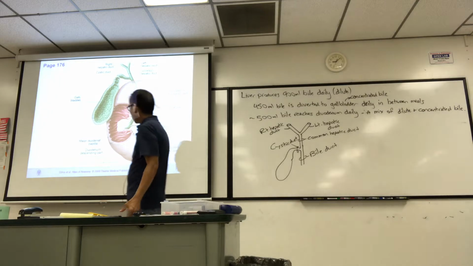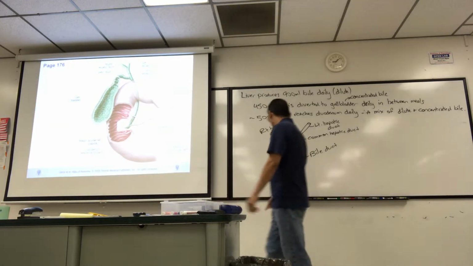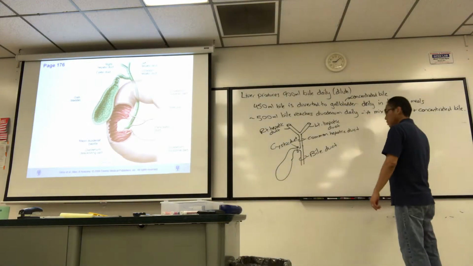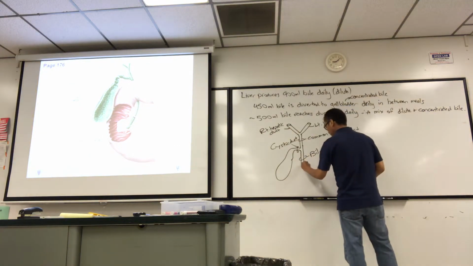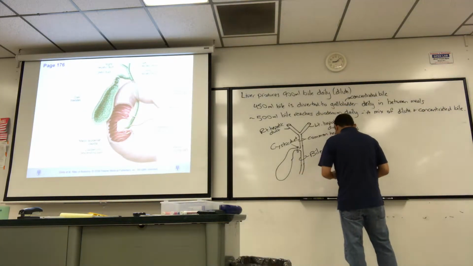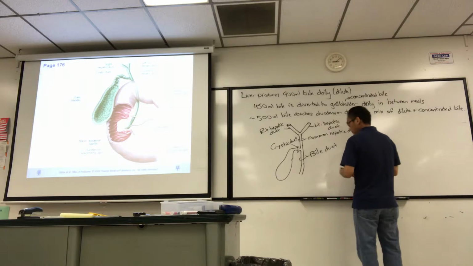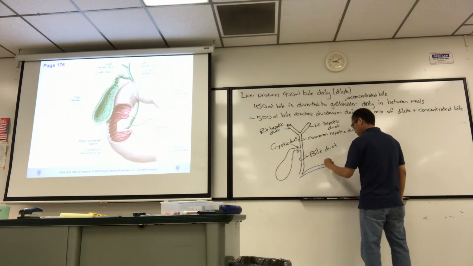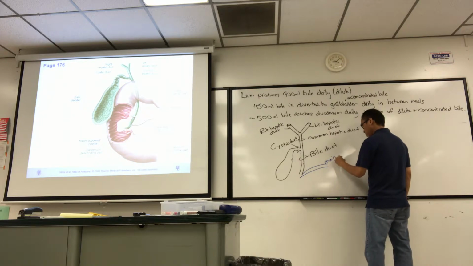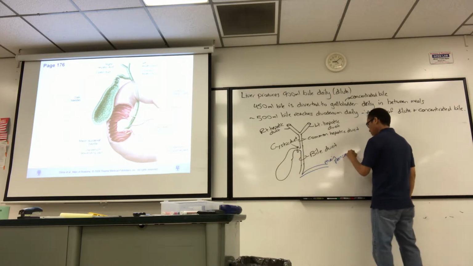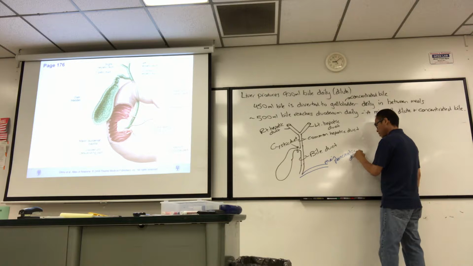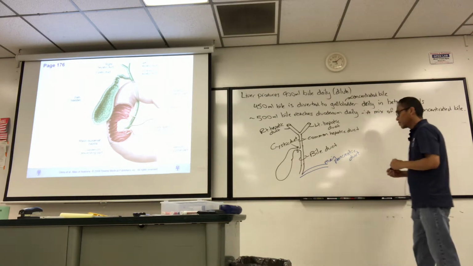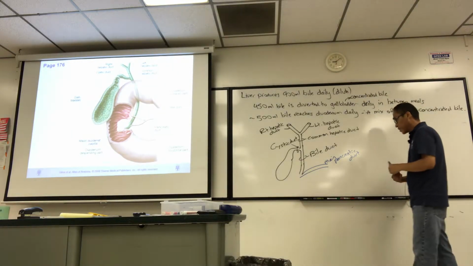And on the picture, we'll continue on. It's the bile duct that will merge with the main pancreatic duct. These two organs, liver and pancreas, are the major accessory organs of digestion.